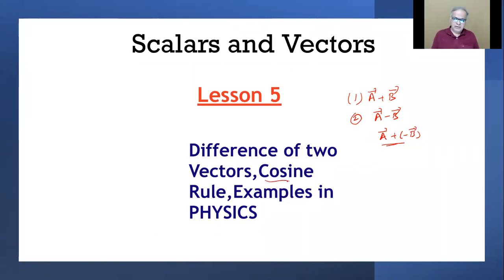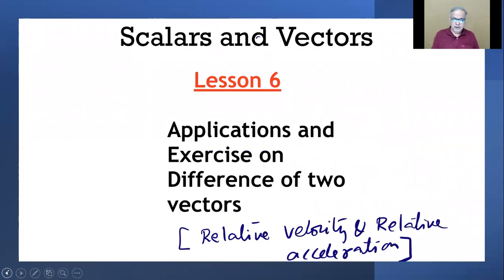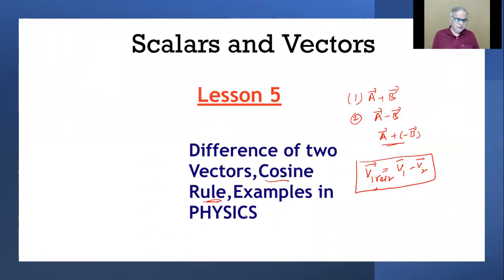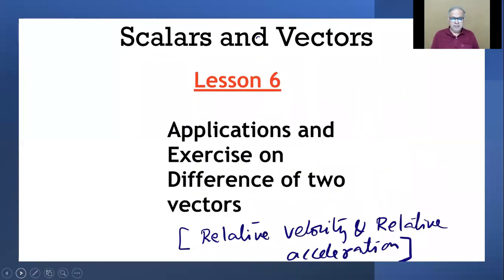And even here we derive the cosine rule and examples in physics, especially the relative velocity, v of 1 relative to 2, the velocity of particle 1 with respect to particle 2, which will be defined as v1 minus v2, and the special cases of that relative velocity will be taken care of. Here we give examples in physics, but maybe it won't be over in that one lesson, so we'll go for applications and exercises of difference of two vectors, relative velocity and relative acceleration.